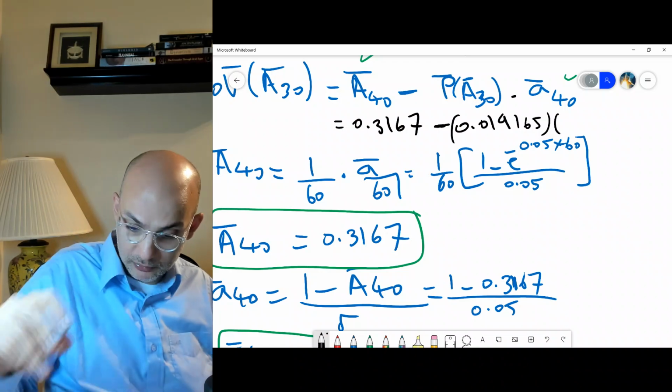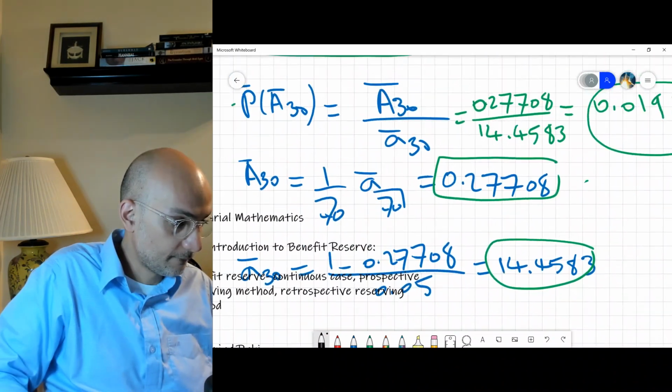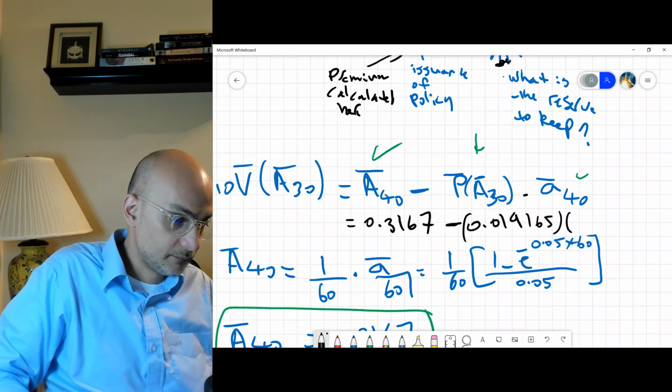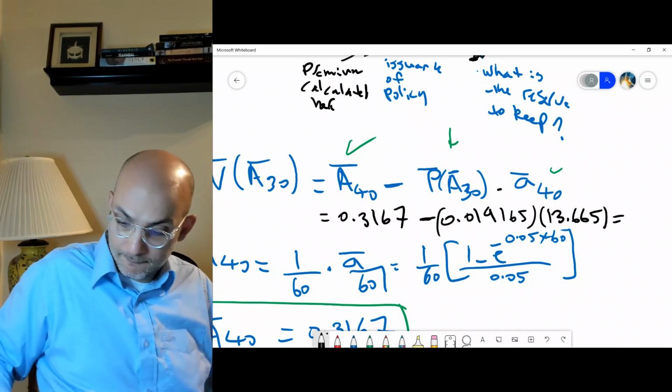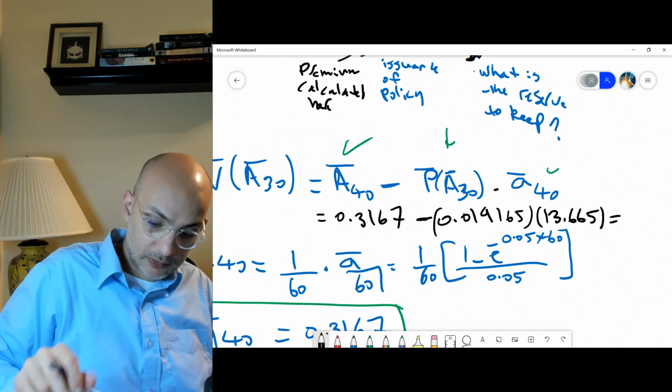Sorry, where is the A40? We need to go back to the A40. 13.65.